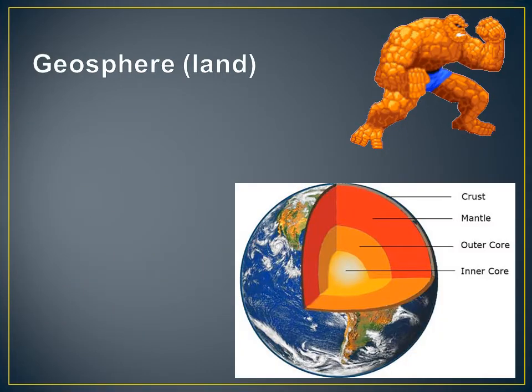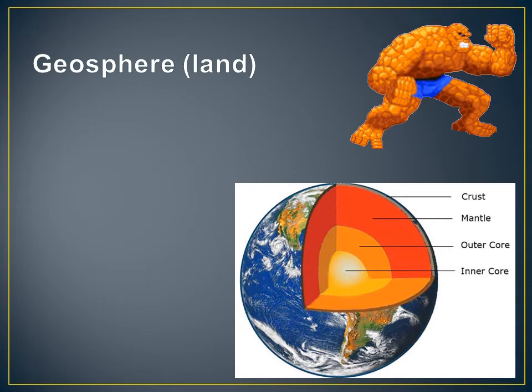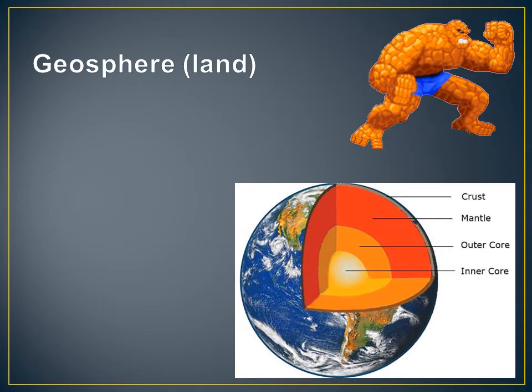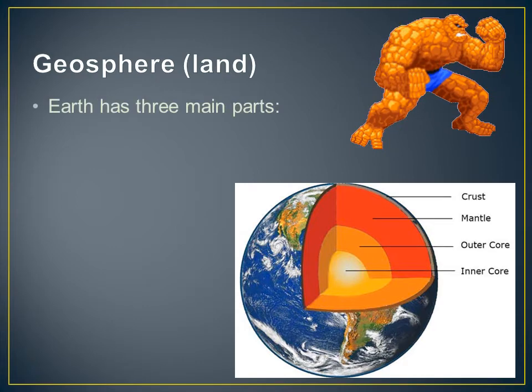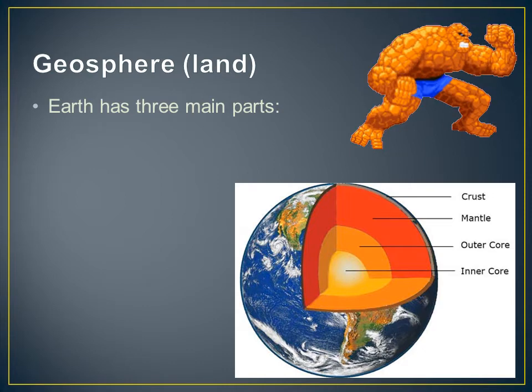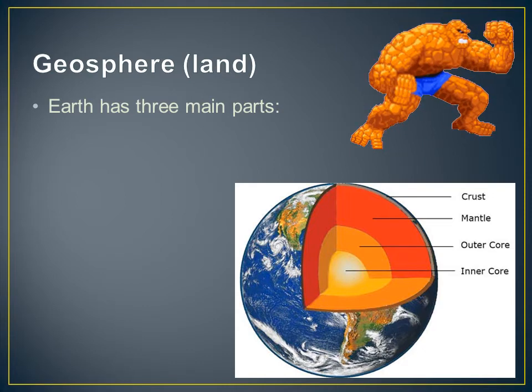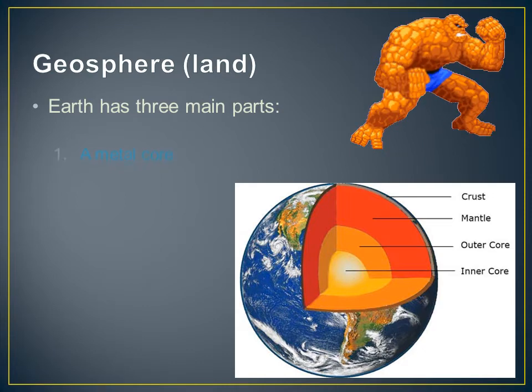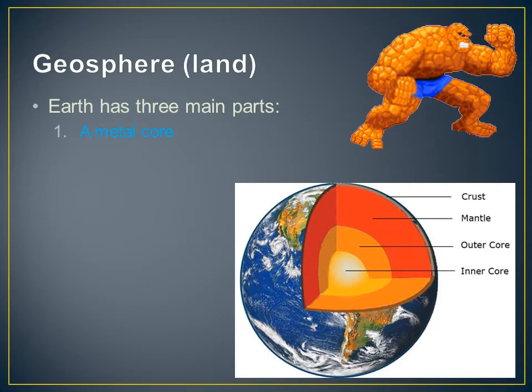Next, we've got the geosphere. This is the land sphere of the Earth. So, of the geosphere, of the Earth, we have to think about its 3 main parts. First one is a metal core.